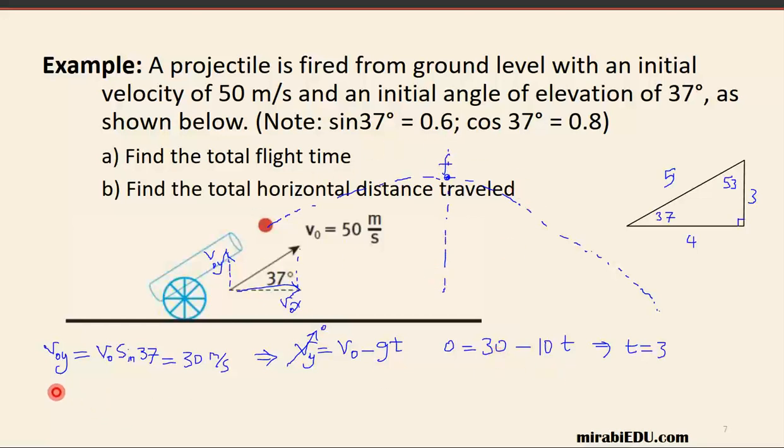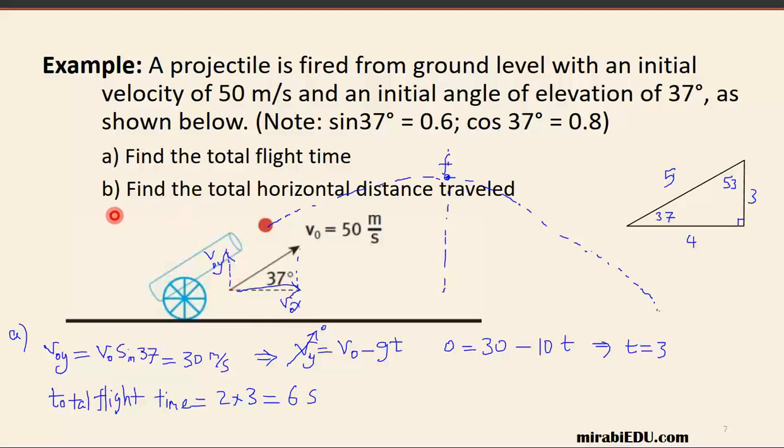So we've solved part A of the question: the total flight time will be 2 times 3, or 6 seconds. We solved it by taking the y direction only, because in the y direction we have acceleration.